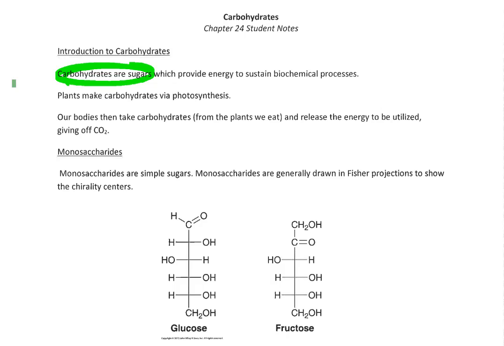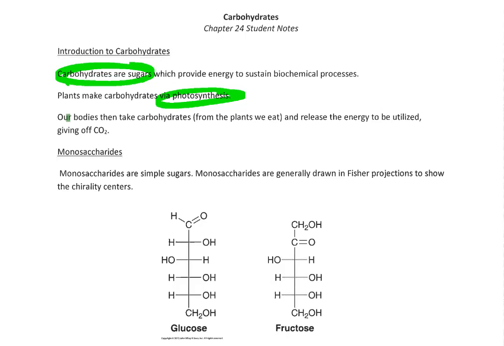You know that plants make these carbohydrates using photosynthesis, and then our bodies take in carbohydrates and utilize them, and then we breathe out carbon dioxide as part of that greater cycle. So that's just our general reason that we're talking about carbohydrates, because they're important to actual life.